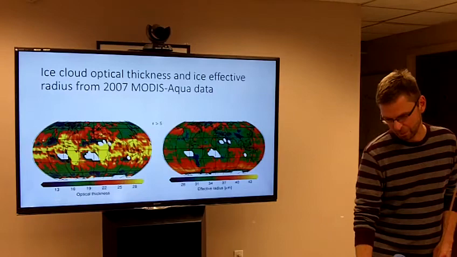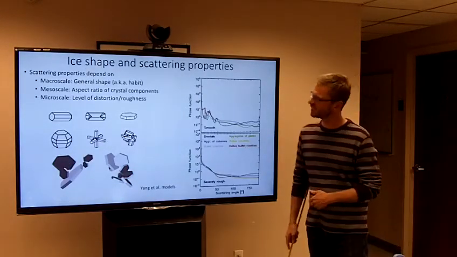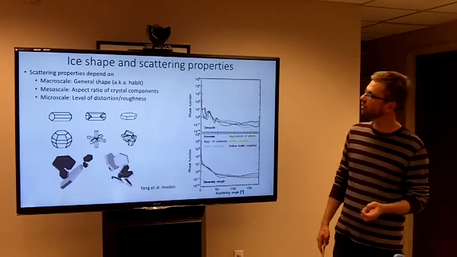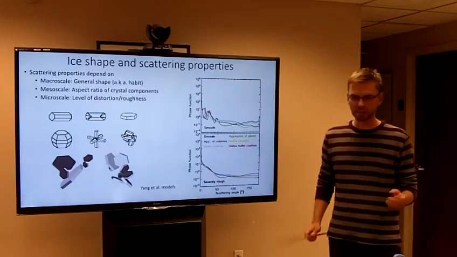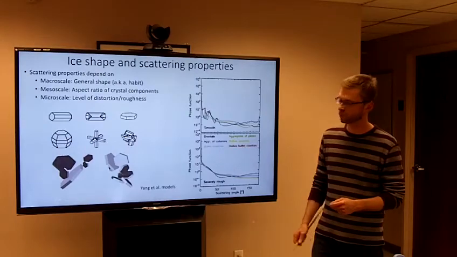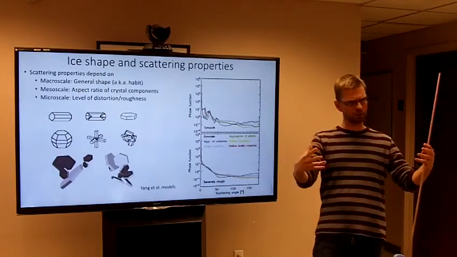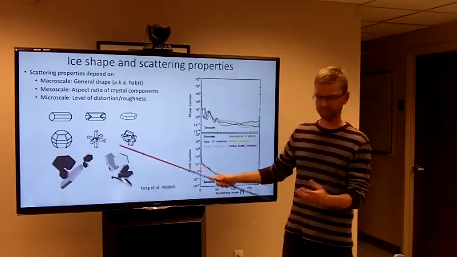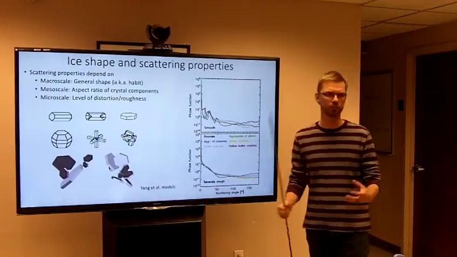Anyway, where was I? So I said that the scattering properties depend on the shape of the ice, and here I break down the shape of ice in two different scales. Basically, there's the macroscale, which is the general shape, like the habit. This is a bullet rosette habit. This is just a column habit. This is an aggregate of plates.